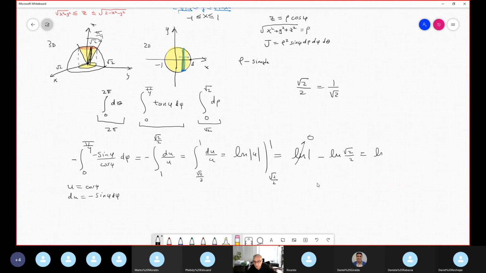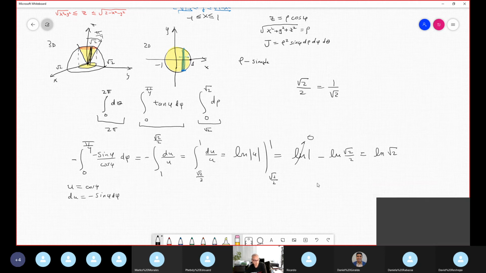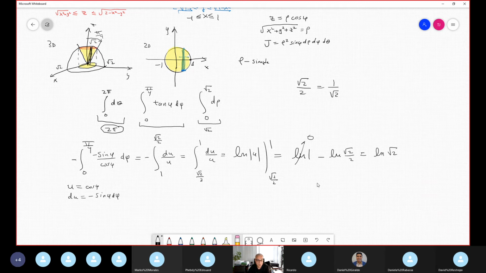So this is equivalent to the logarithm of radical 2. Yes or no? Positive. Do you follow me? Okay, so what is the answer then? Well, the answer is 2 pi, multiplied by radical 2 and multiplied by the logarithm of radical 2. So 2 pi radical 2 logarithm radical 2. Final answer.